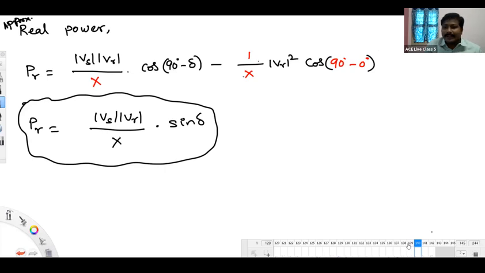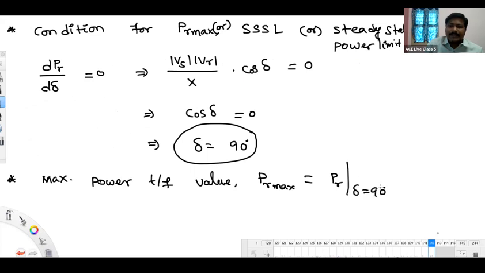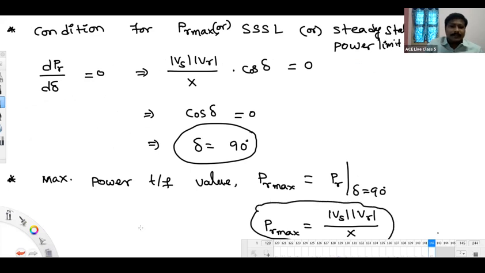Mod Vs into mod Vr by X. So I can say PR max is equal to the value of PR by keeping delta equal to 90 degrees, which is nothing but mod Vs into mod Vr by X. This is what we call the steady state stability limit of the system.